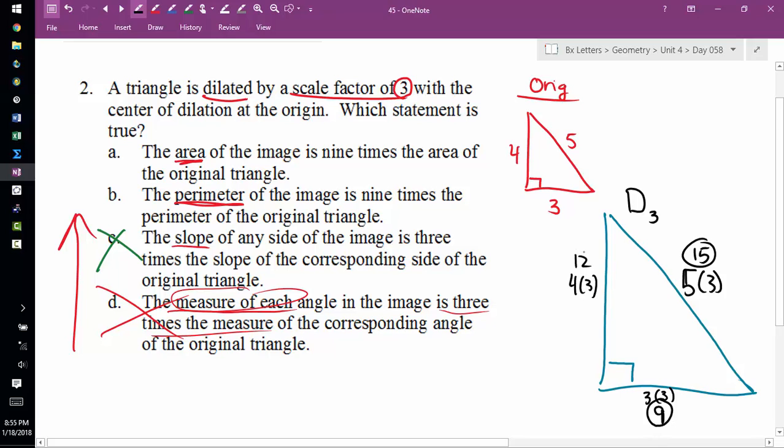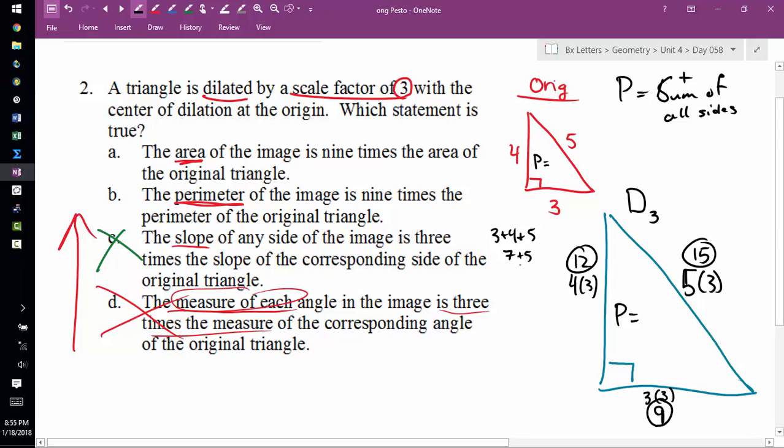Okay. And it's saying the perimeter of the image is 9 times the size of the original. Well, perimeter equals just the sum of all sides. Just add the sides, all right? So the perimeter of my original would be 3 plus 4 plus 5.